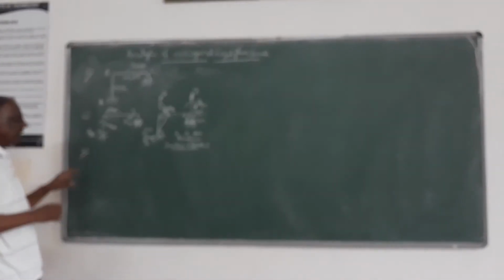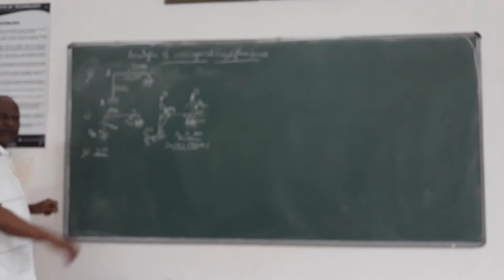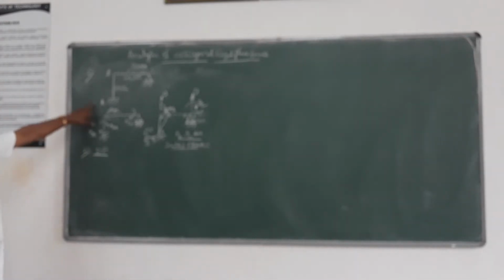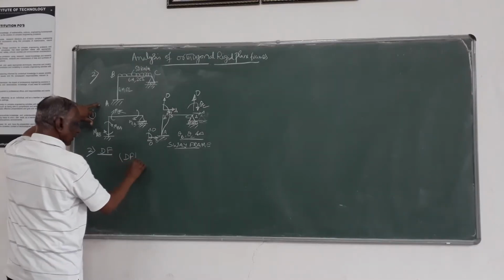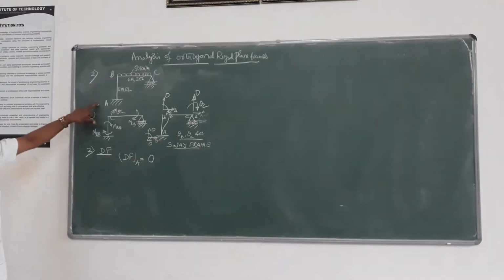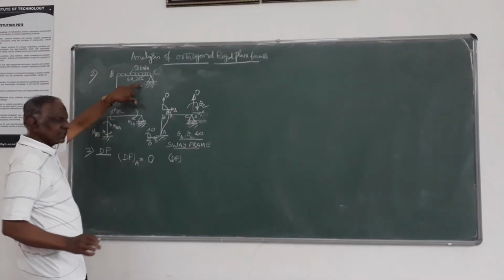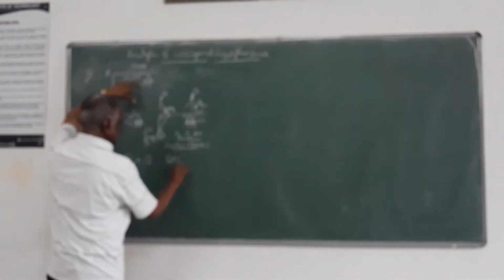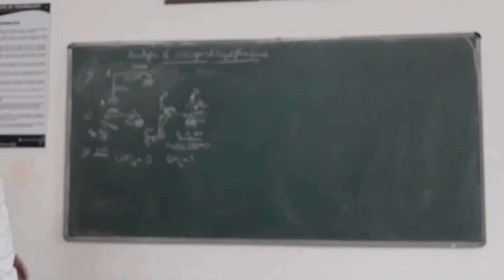And next step, we have to find stiffness and distribution factor. At joint A, because there is only one member and it is fixed, the distribution factor is 0. At joint C, it is a roller, so the distribution factor at joint C has to be 1 because it cannot take any moment.